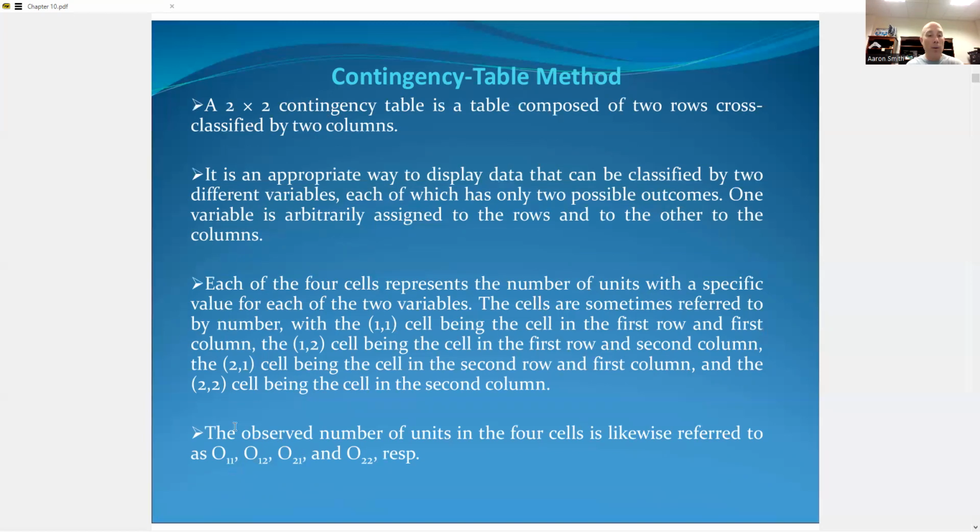So 1,1 is first row, first column, going from top to bottom, left to right. 1,2 is first row, second column. 2,1 is second row, first column, and 2,2 is the lower right-hand corner, second row, second column. To denote our observed values, we're going to use a capital O with a subscript to indicate where it's located.